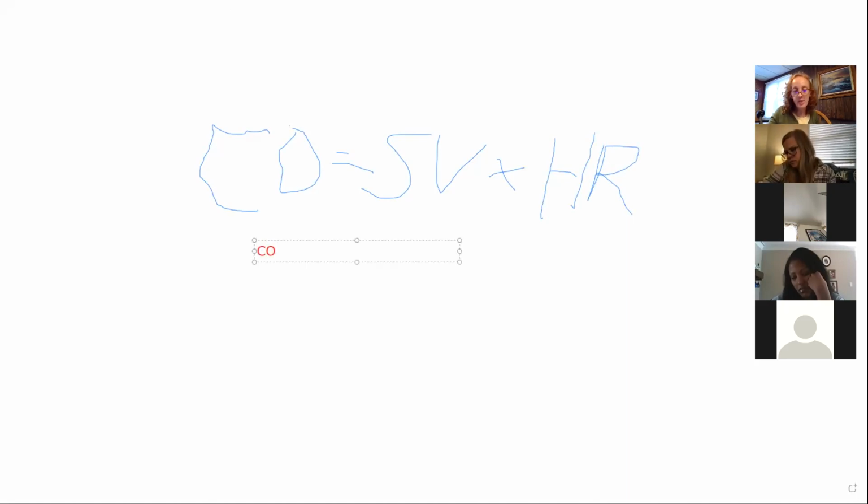Cardiac output is defined as the amount of blood pumped via the left ventricle, but remember from last week that the right and left ventricles pump the same amount of blood per minute. So the amount of blood pumped by the heart, by the left ventricle, per minute.